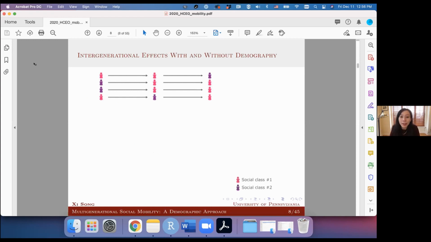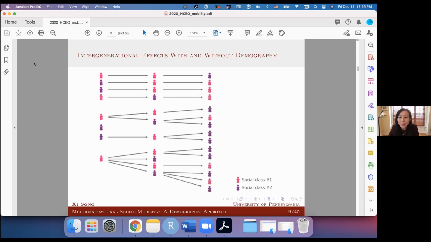We basically are only focused on those families who have children, and then link them across generations and measure their socioeconomic status. Here I use two social classes indicated by different colors. But if we take a demographic perspective, we will see that not all families have children.